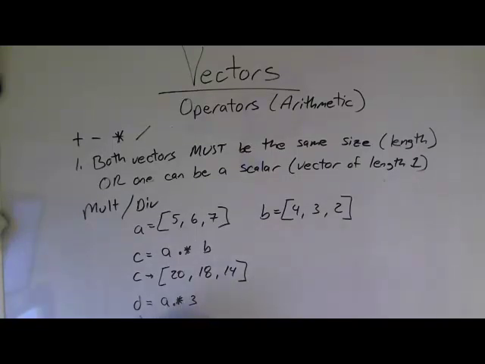So now D is going to be the vector 5 times 3, which is 15, 6 times 3, which is 18, and 7 times 3, which is 21. So you get element by element for the scalar here, and then this is element by element here.